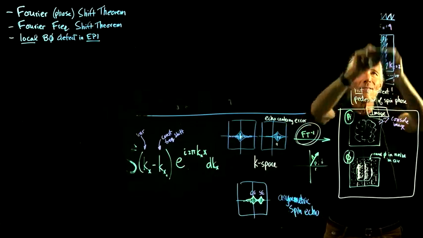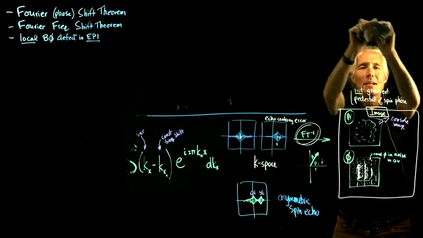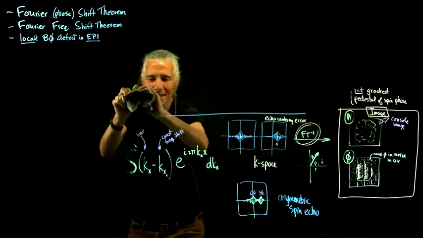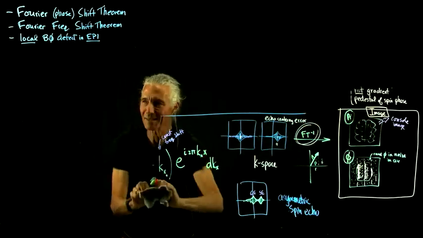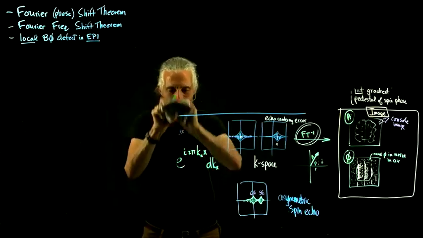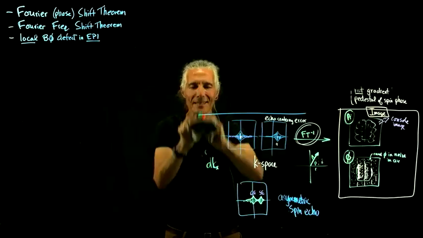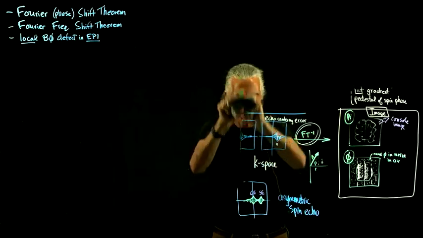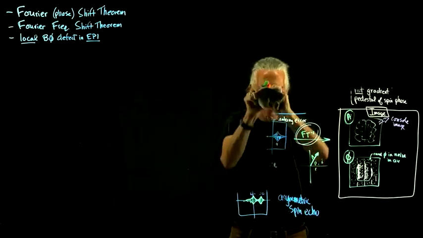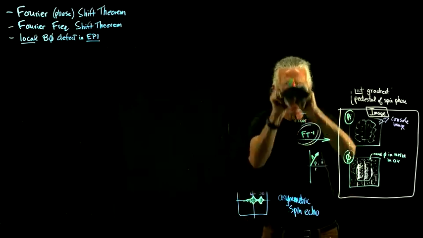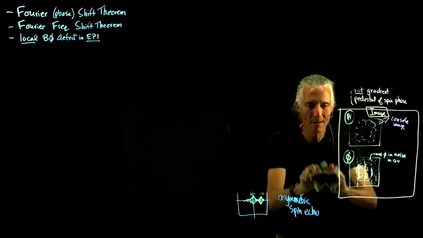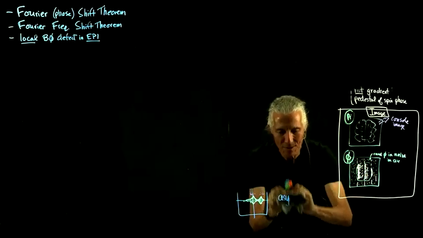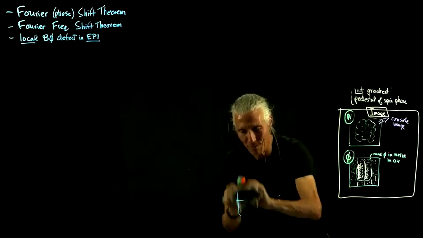That's natural enough, but it turns out it's not what it is. It's really an example of the Fourier frequency shift theorem, this strange one that I'm erasing right now. So how does that work? I'll first go over how you might think it would work.